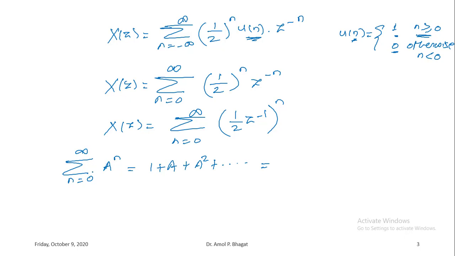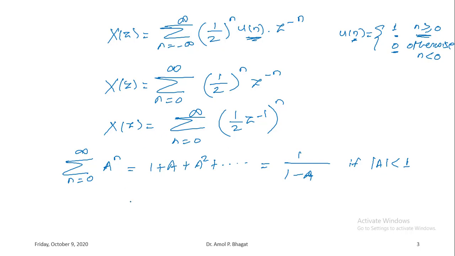As per the mathematical formula, you can reduce this infinite geometric series as 1 upon 1 minus a, provided that mod a should be less than 1. So you can simply rewrite this geometric series in this simplified form as 1 upon 1 minus a, provided that mod a is less than 1.